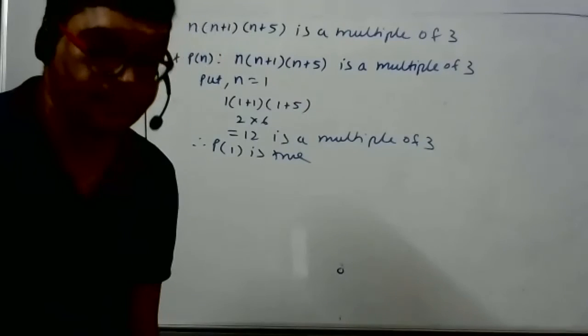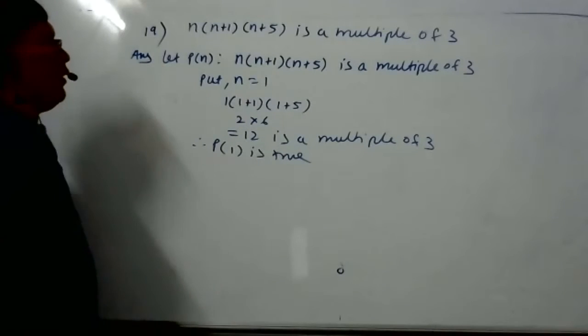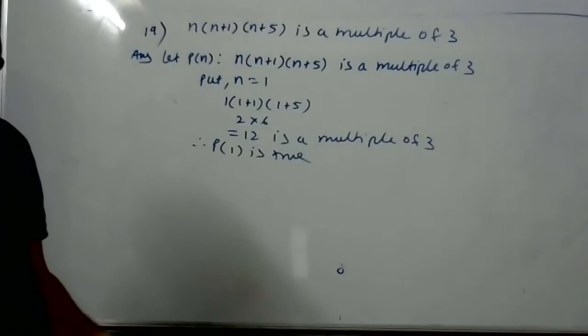Sir, which problem are you doing? Because I got the 19th sum. Okay, sir, I will do other sums also. Let us do little bit easier sums. So this is copy down, Bhushan.